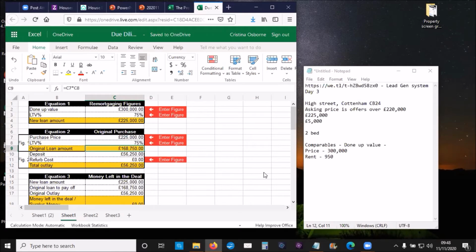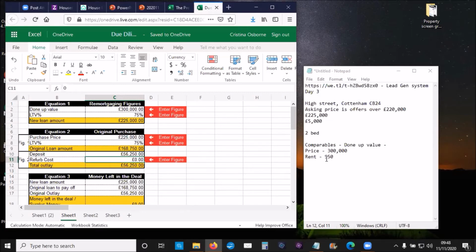That means the original loan amount from the bank, if we buy it for 225,000 with a 75% loan, is going to be 168,750. This means that the landlord needs to have somewhere around 56,000 pounds in his pocket just to buy this property with a 25% deposit.